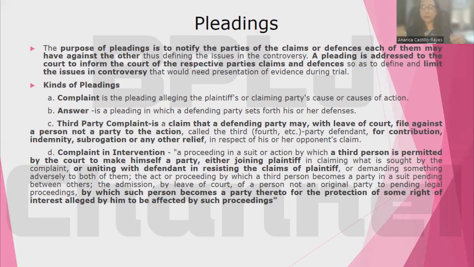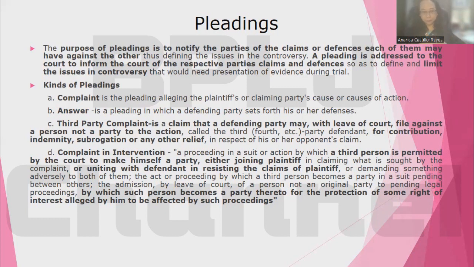So if, for example, there is a case, and you are not a party to that case, but you want to intervene because you have an interest to protect, can you by yourself make yourself a party to the action? Yes, by filing a complaint in intervention. Either you join the plaintiff or you join the defendant.